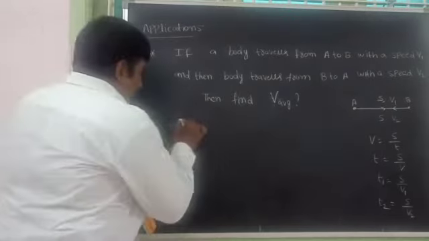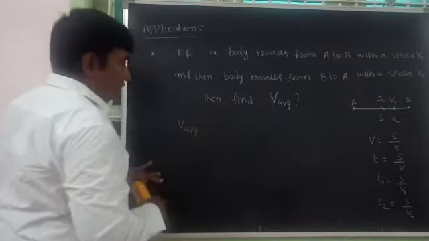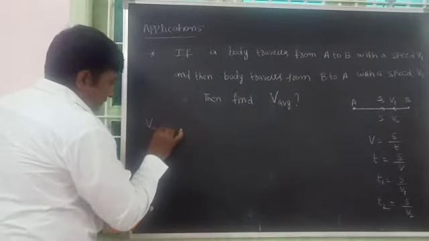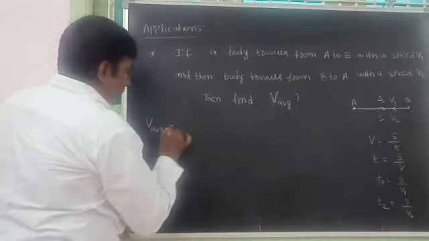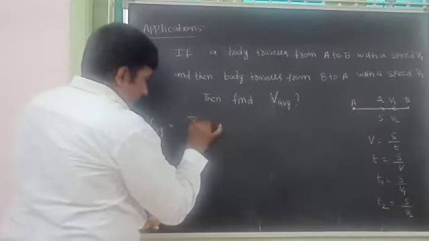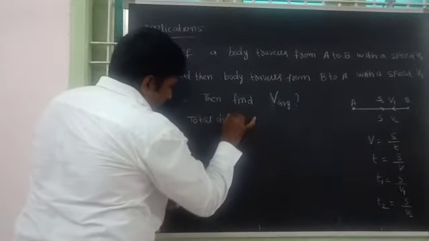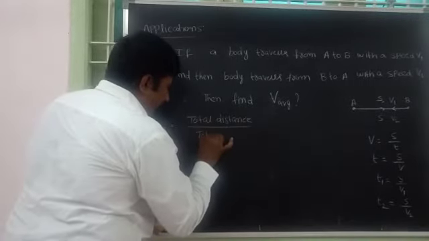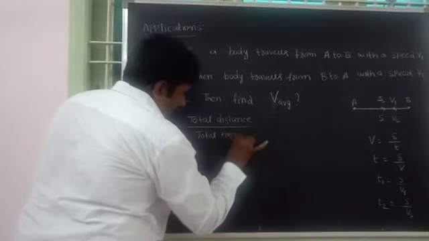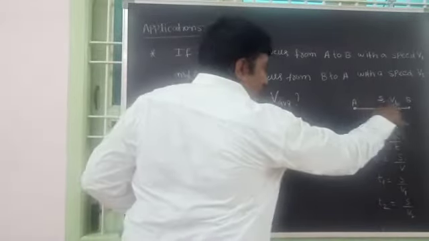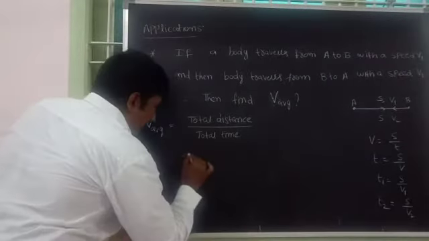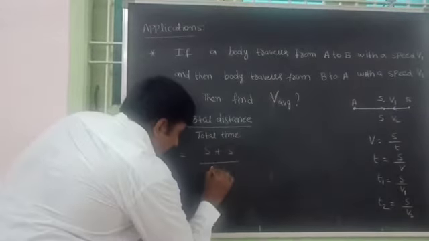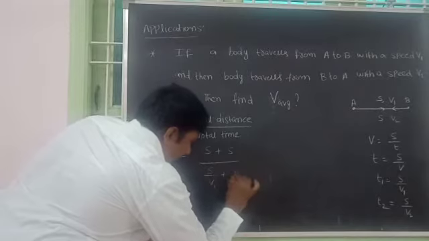So with the help of this, V average is equal to total distance by total time, from A to B and B to A, which I can take as S and S. So the total distance is nothing but S plus S, by T1, which is nothing but S by V1 plus S by V2.